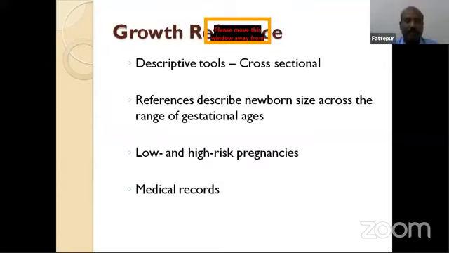And most of the data was taken from medical records. So there was no standardization of any of the things. There was no standardization of which baby to be assigned, of the gestational age assessment, or of how to measure, whom to measure, what instrument to use. So there is no standard.